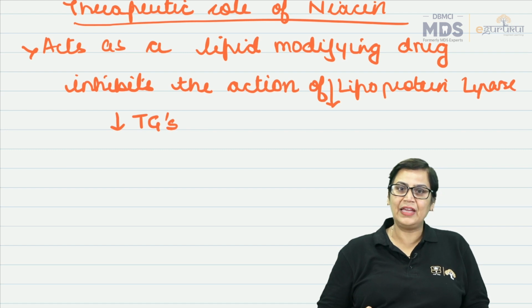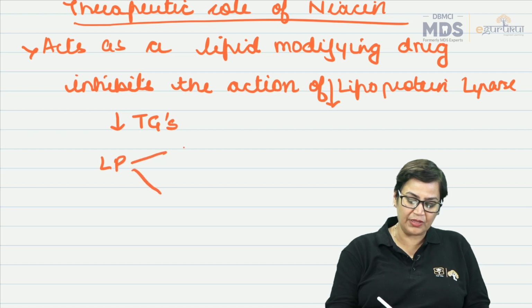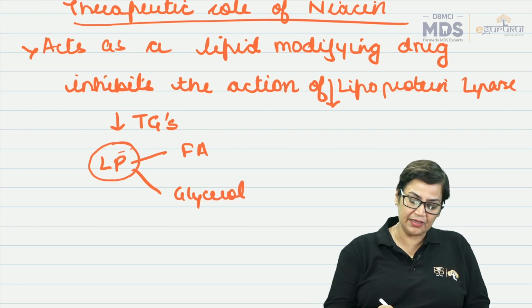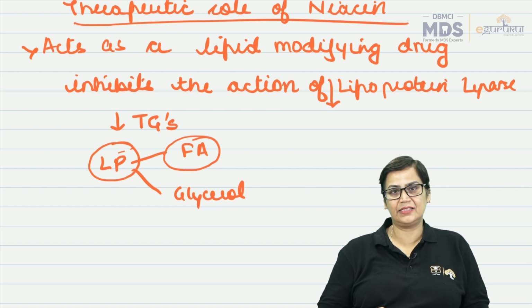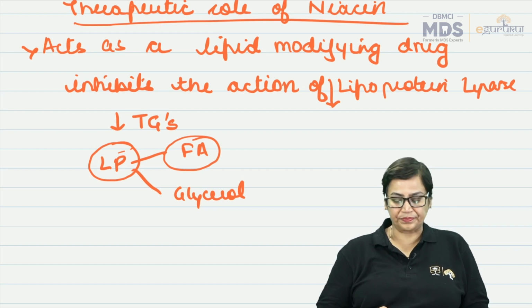Right? So that is why it is a lipid modifying drug. Because lipoprotein lipase is the enzyme required for the degradation of lipoproteins, which are degraded to form fatty acids and glycerol. So obviously if this is inhibited, this will automatically decrease. Clear? So this is a very important role of niacin.